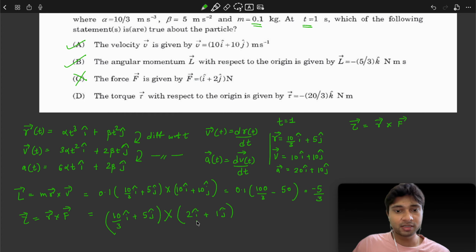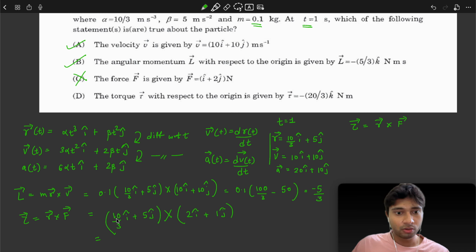I hope everyone is with me. Acceleration is 20 plus 10, so the force will be 2 plus 1 because the mass is 0.1 kg. Force is mass into acceleration, so I have just multiplied by 0.1.